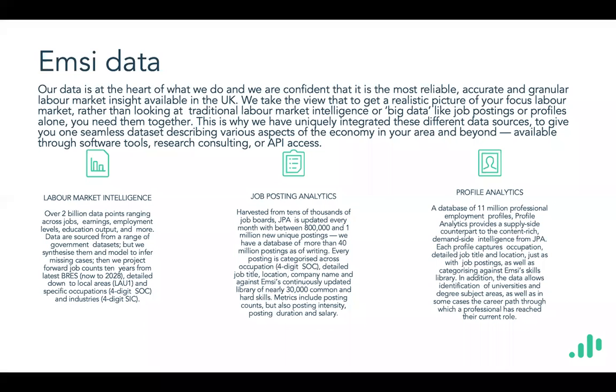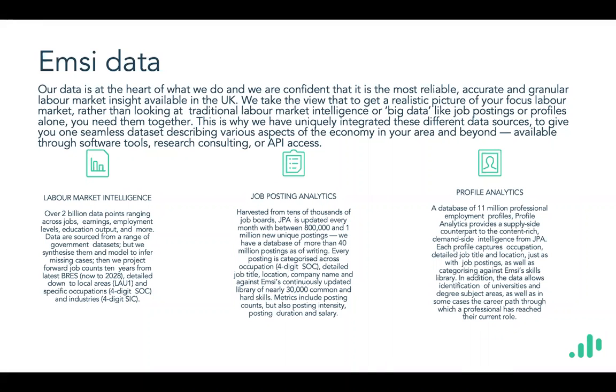Alongside the official structural economic data, we have job postings analytics. This is big data. We process about 800,000 to 1 million job postings every month. What you see here is a bit more detail. You're beginning to see from these online job postings who the employers are, and which towns within the local authorities are showing the demand.